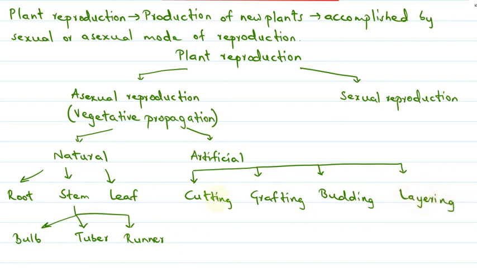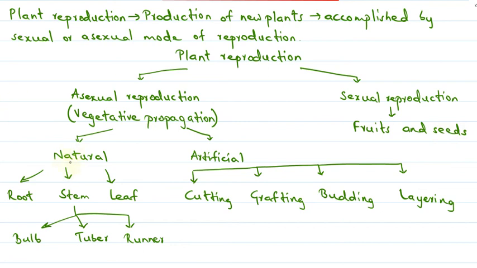So these techniques are artificial techniques of asexual reproduction that takes place in plants. Now this was about the asexual reproduction part in the plants, whereas now if we talk about sexual reproduction, then sexual reproduction can occur by means of fruits and seeds.